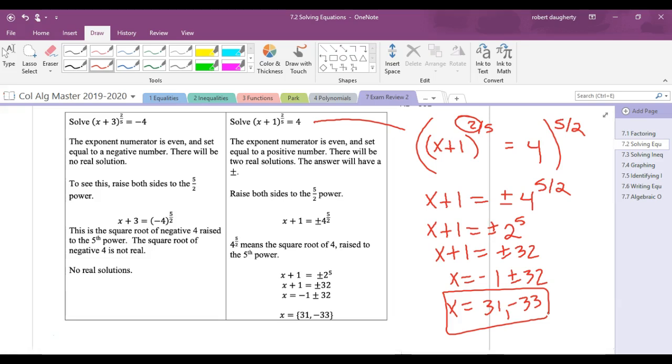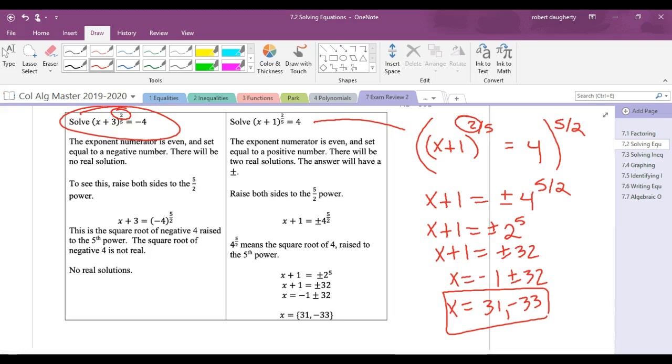Over here, when you see x plus 3 to the 2/5 equal negative 4, what you have to see is that in this case, there's not going to be a solution because I've got an even numerator in my exponent, but it's a negative number, okay?